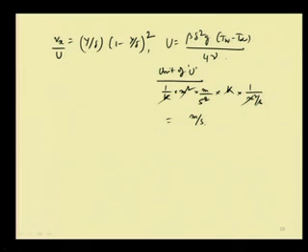For a particular boundary layer thickness delta, once we reach the boundary layer thickness we reach T infinity, and we get an expression for u.